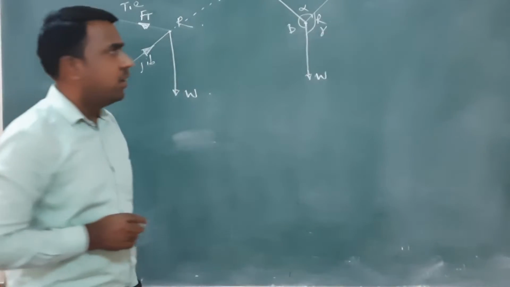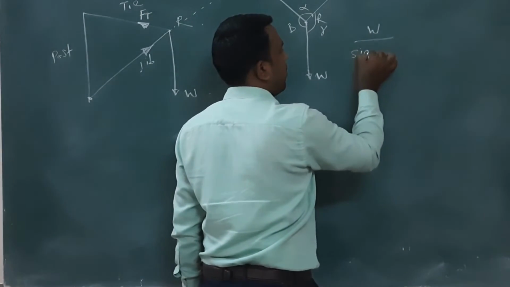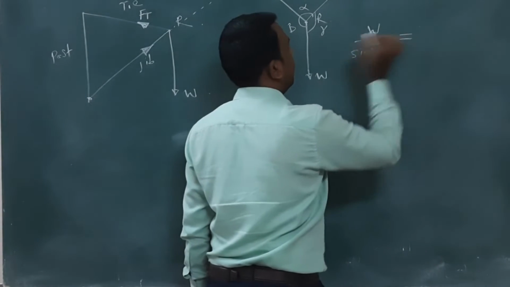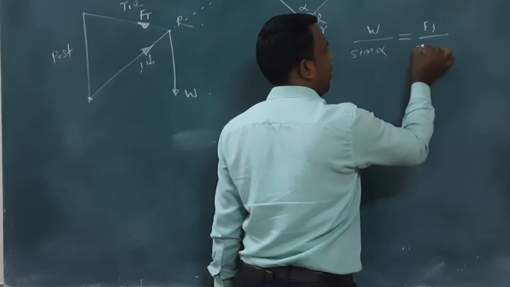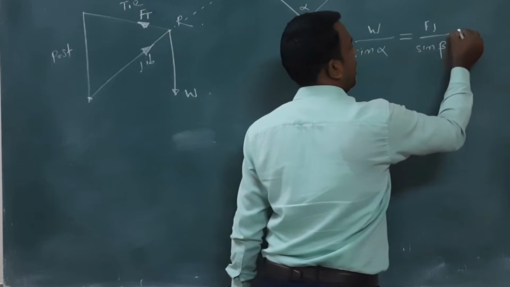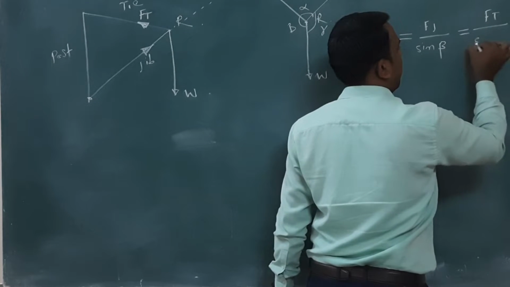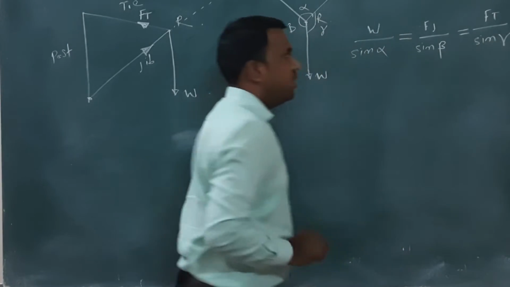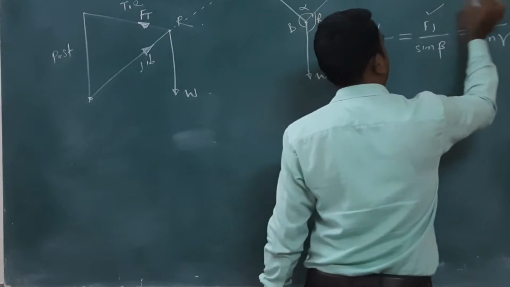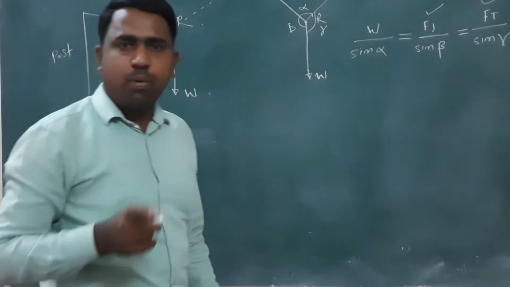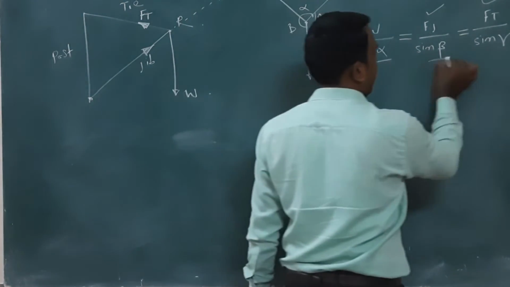Lami's theorem is then given as W divided by sine of alpha is equal to Fj, the force on the jib, divided by sine of beta, which is equal to Ft divided by sine of gamma. In this way we find the forces on the jib and the tie. To find the forces, it is important to know the angles between the forces: alpha, beta and gamma.